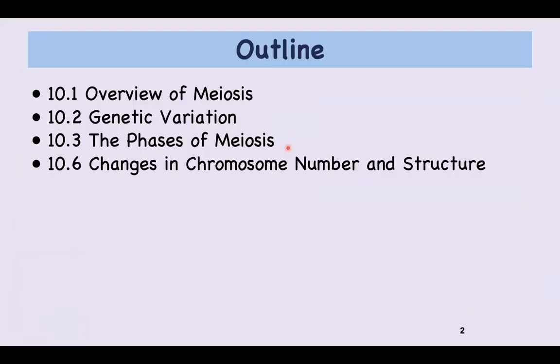Okay. So the outline, this is the only subtopics we'll be covering for this syllabus. We have 4 from this chapter. 10.1, which is the overview of meiosis, and then we have 10.2, which is the genetic variation. 10.3, we have the phases of meiosis. And lastly is 10.6, which is the changes in chromosome number and structure.